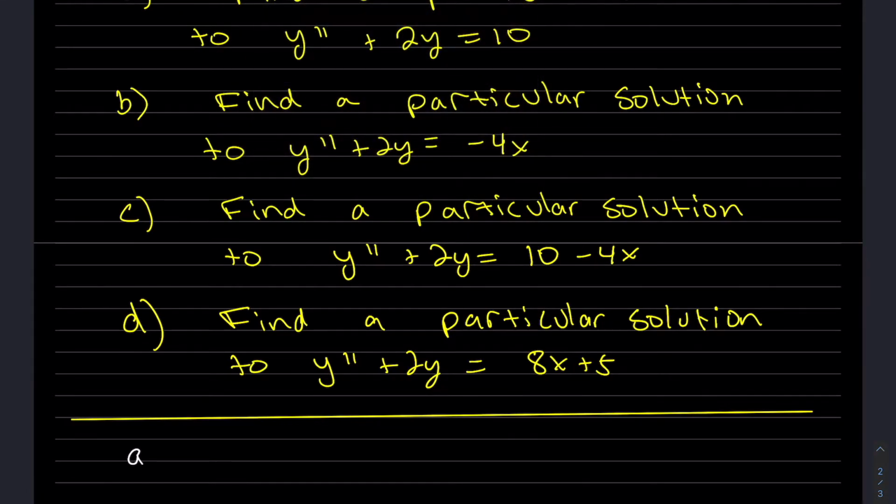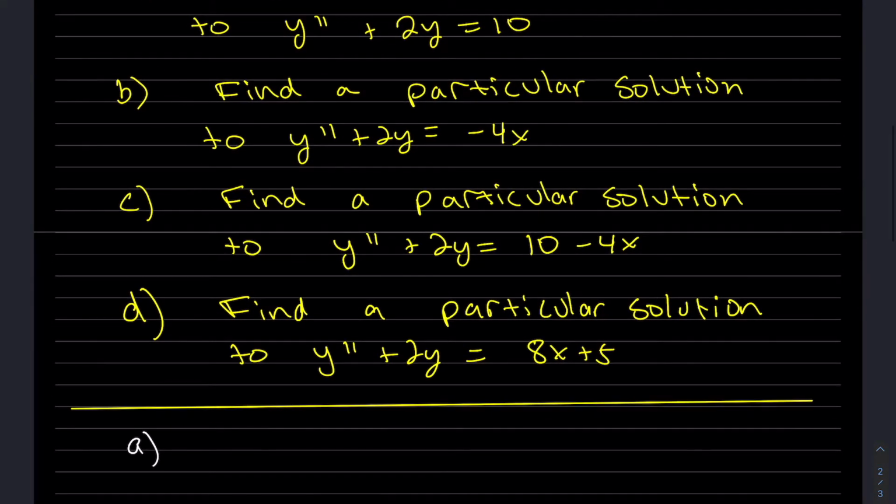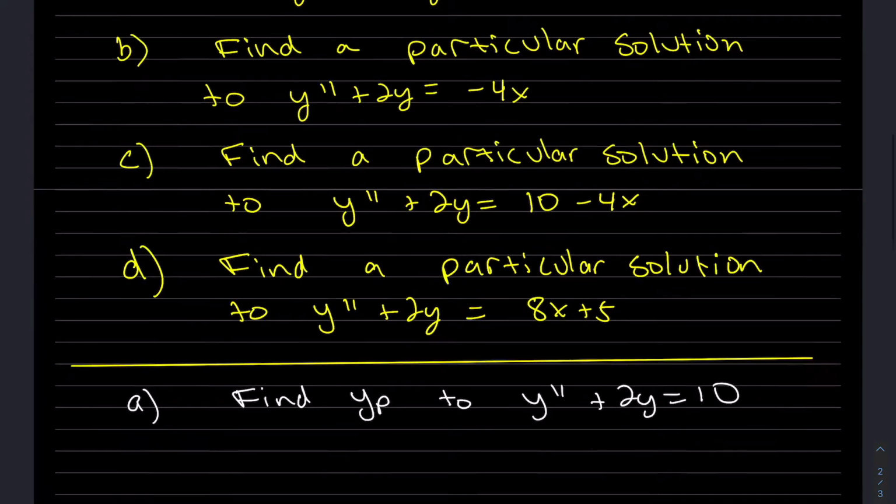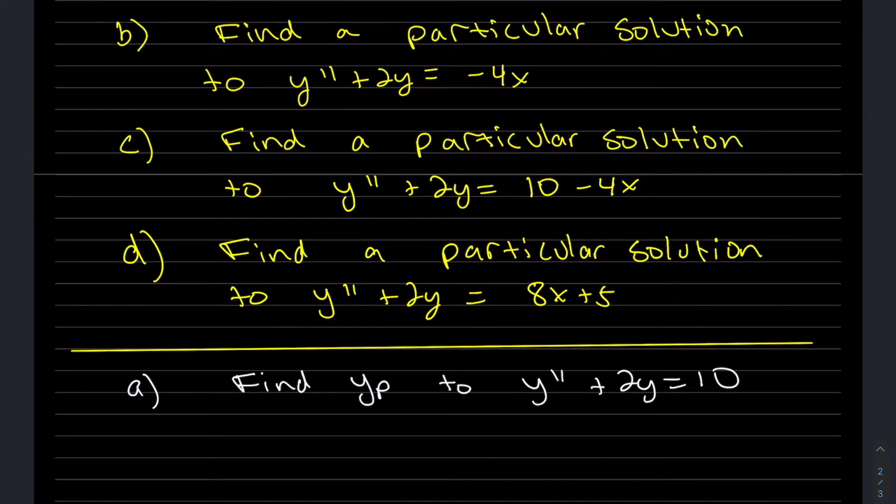So part A, we want to find YP, a particular solution, to this DE. Okay, so I haven't given you any techniques really to solve this. So since I'm asking you to solve it, basically all we have to do is stare at it real hard, and basically guess and check the solution, okay?